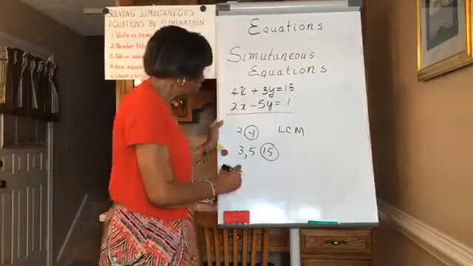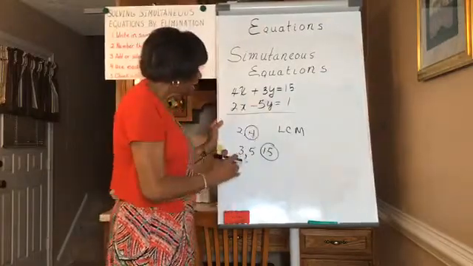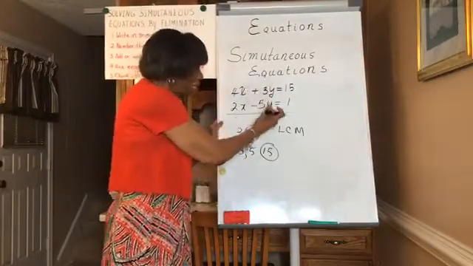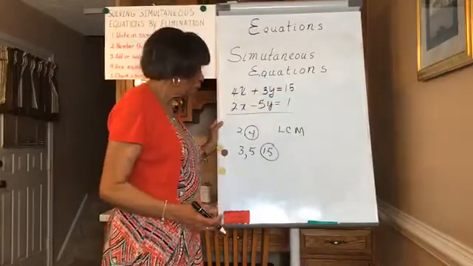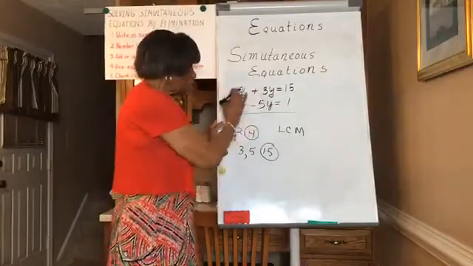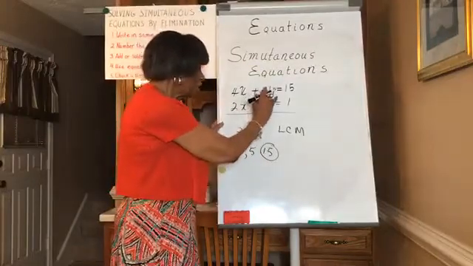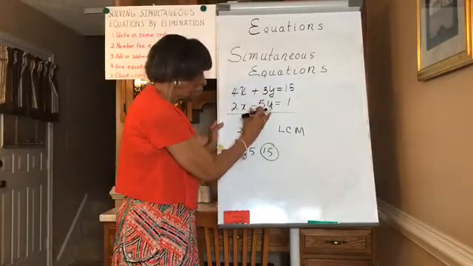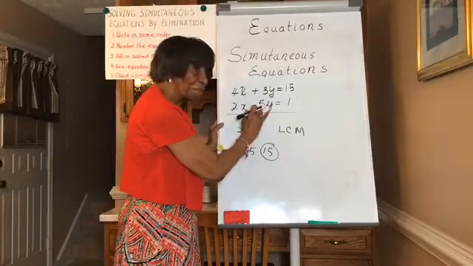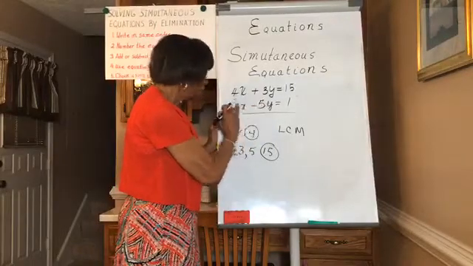Now, if I try to eliminate y, to make these y's the same, then I have to multiply one equation by 5 to make this 15, and multiply this equation by 3 to make it 15.